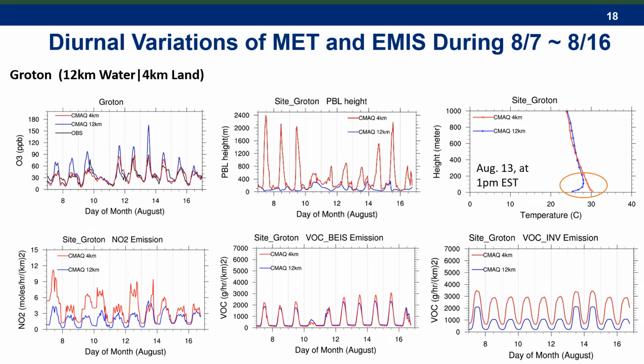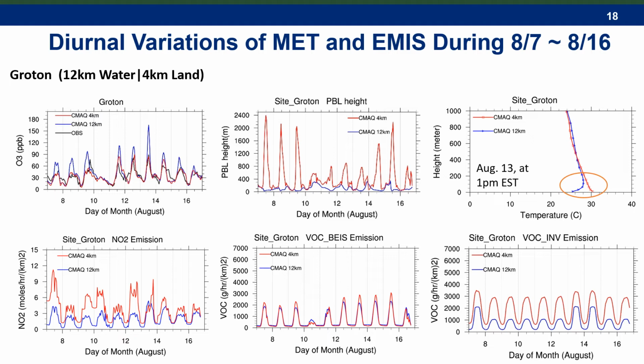Groton is a water cell at 12 km, but it is a land cell at 4 km resolution. Due to this land cover change, the PBL height and air temperature at the surface increase during daytime compared to the 12 km WRF simulation.